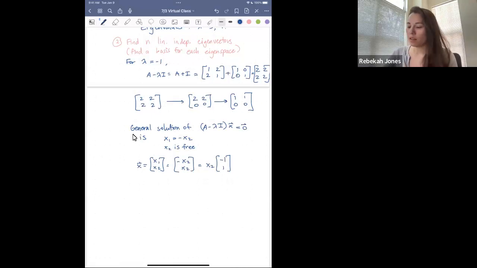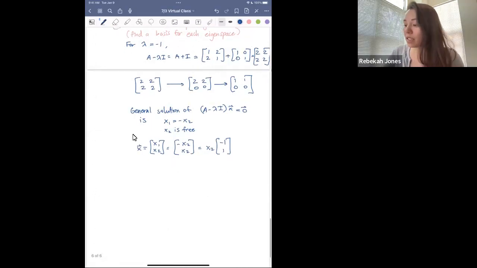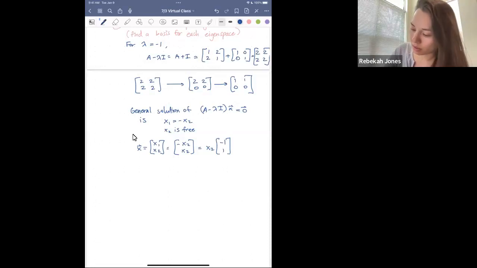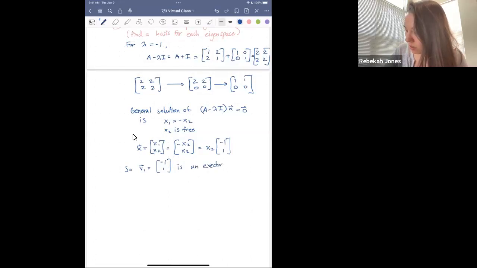That is going to be one of our eigenvectors, so let's give it a name. v1 is an eigenvector for lambda equals -1.